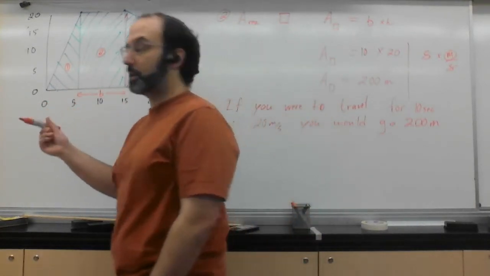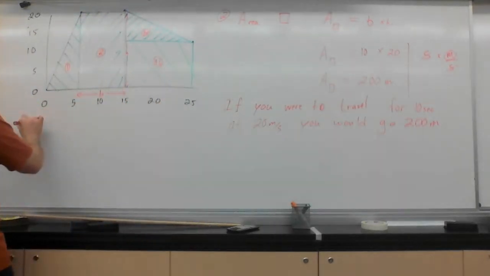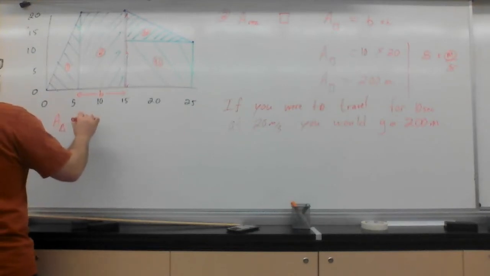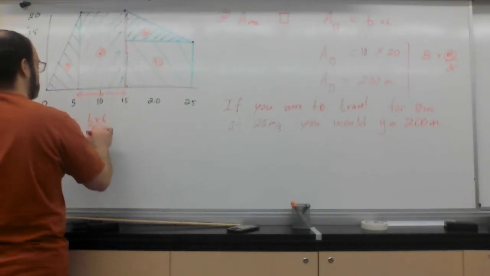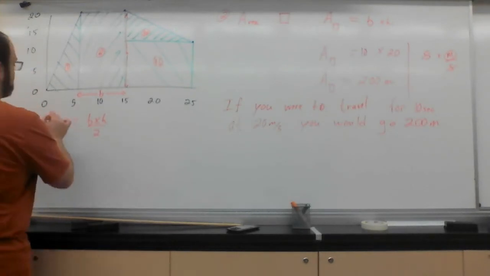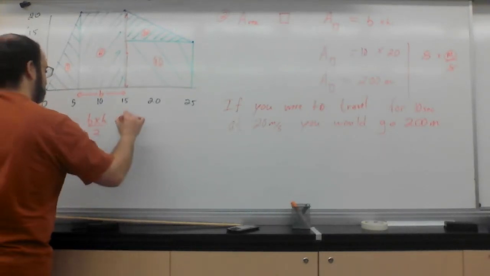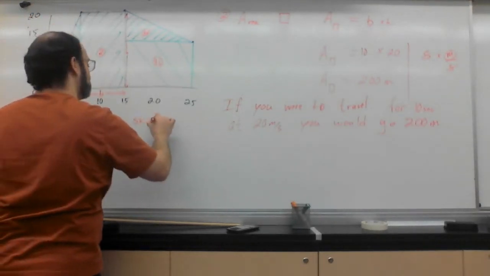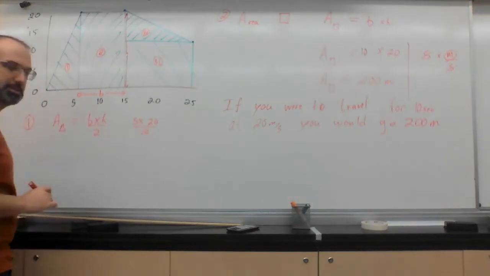And we'll see that because we're going to do the calculation for 1 right now. Let's do it. Okay, so 1, area of a triangle is equal to base times height over 2. You really should know that. So the base here is from 0 to 5. So this is going to be 5 times the height is still 20. But I'm going to divide it by 2 because it's a triangle, right?